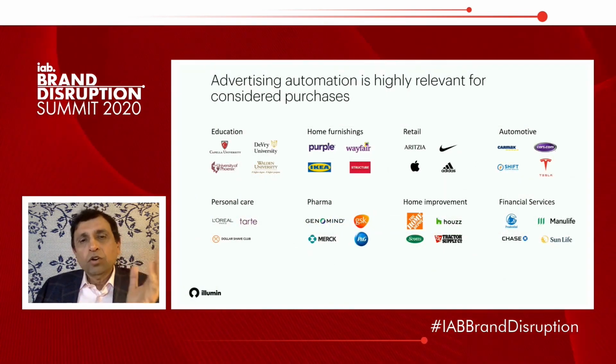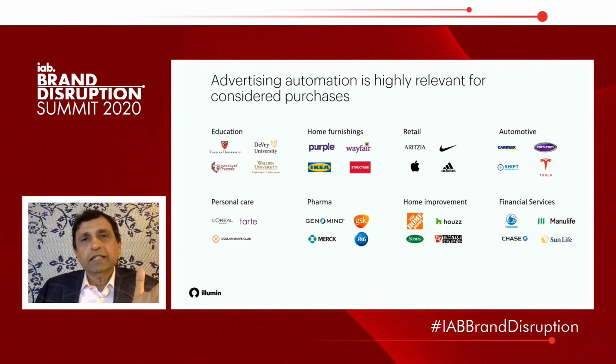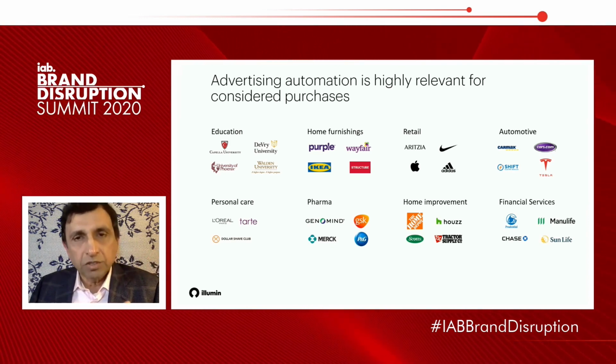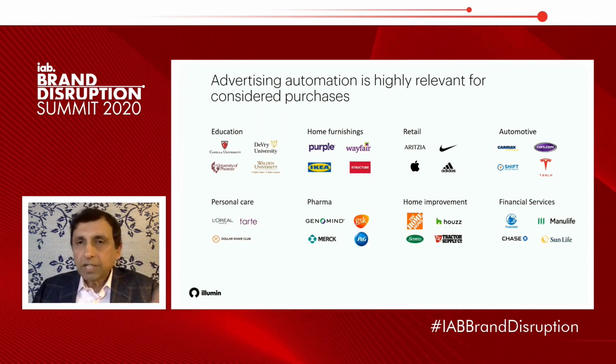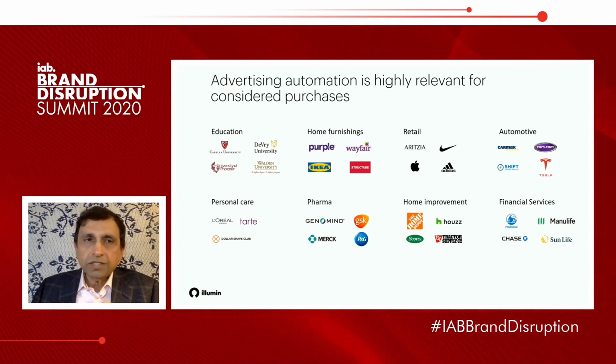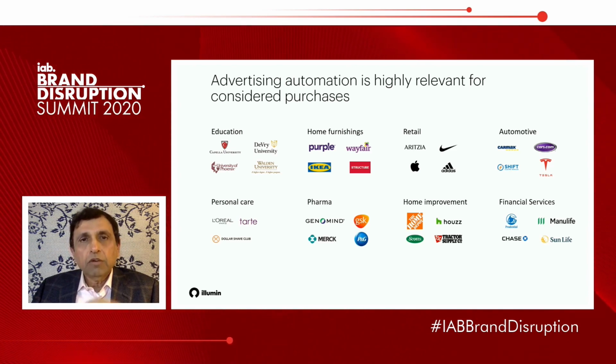Okay, so let's talk about use cases where this technology and this whole way of planning and execution, built into creating a whole new category of advertising automation, would be most relevant. Well, here are all the categories in which we have clients. So I already spoke about Purple. Now, where it works ideally in the initial use cases that we have seen is where you are driving a considered purchase.